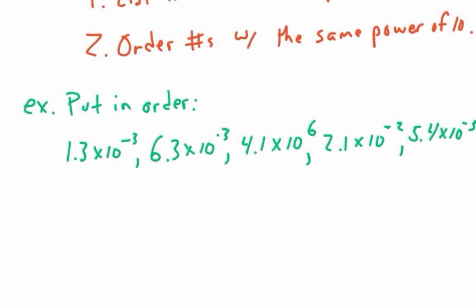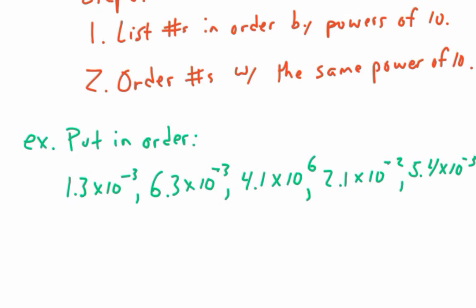So first thing I'm going to do is try to write them in order by the exponents. So you could, if you wanted to, go through and rewrite them all just with the powers of 10 and then go back and do that second one. I'm going to try to combine them into one step.